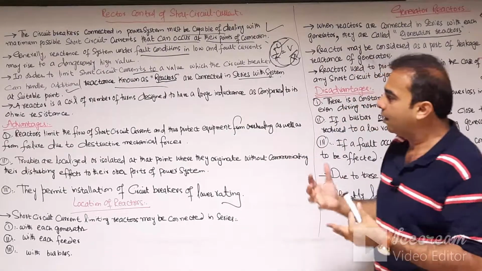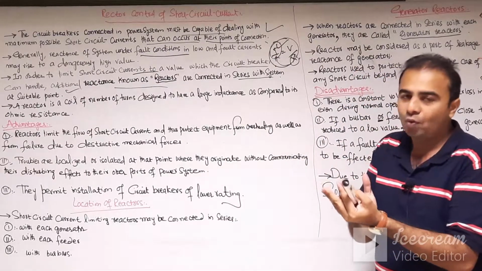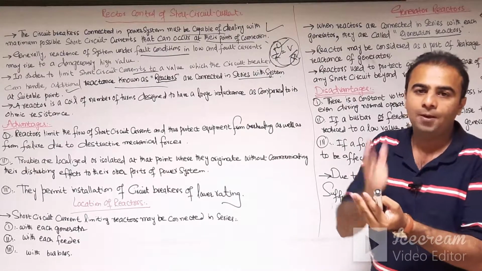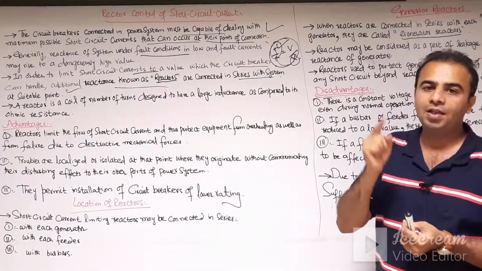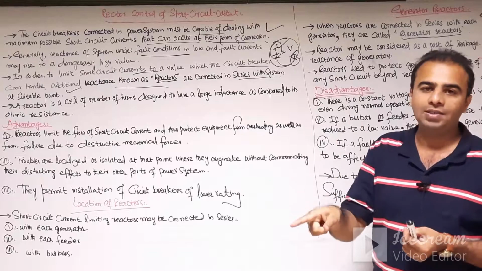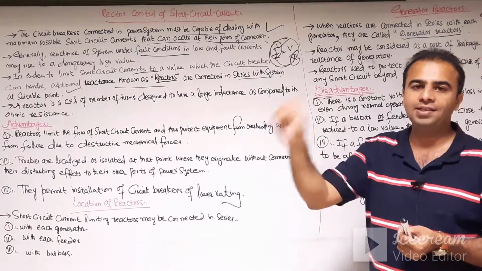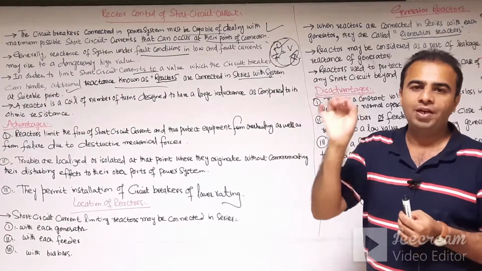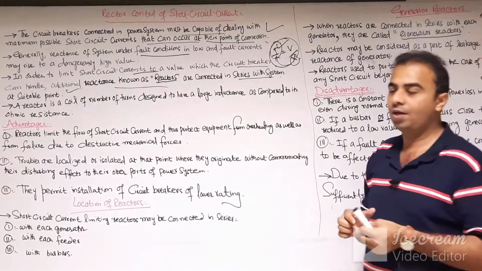The reactor provides the additional reactance to the particular equipment in order to limit that short circuit current. Whenever a fault occurs, the short circuit current is dangerously high because the impedance of the system is very low at the fault point.